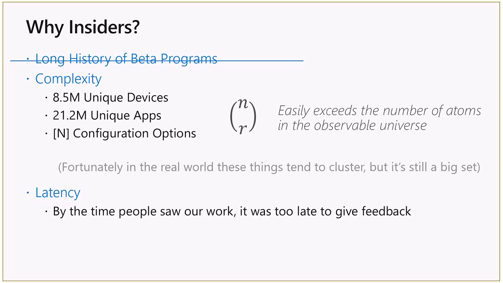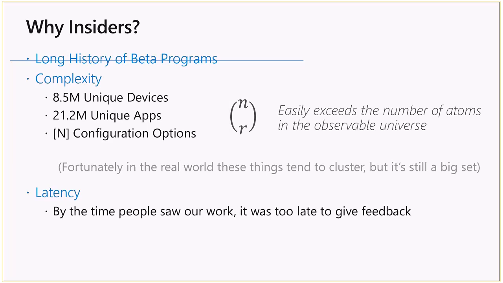Number two, latency. Generally speaking, Windows has a habit of working on products that take sometimes years, let's say 2 years. And there wasn't enough time in the 2 years between releases of pre-release betas, taking the feedback and fixing those to get them into the next release in time.